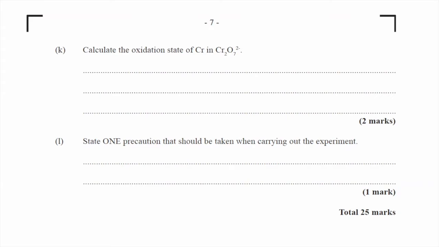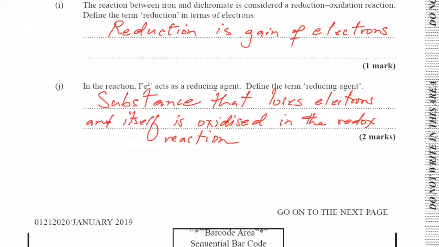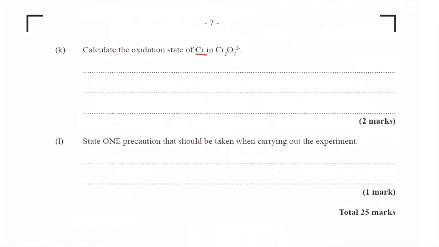We don't know the oxidation number of chromium, so we can let the oxidation number of chromium be X. So in Cr2O7 2-, we can say that 2 times the oxidation number of chromium plus 7 times the oxidation number of oxygen, 7 times -2, which is -14.